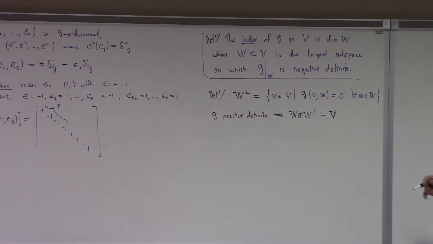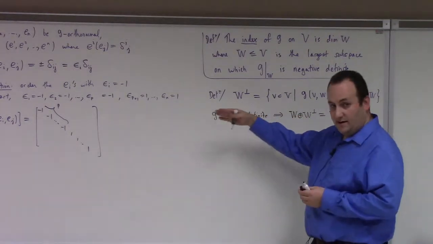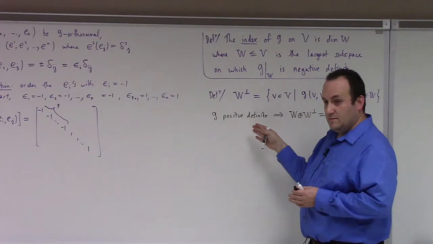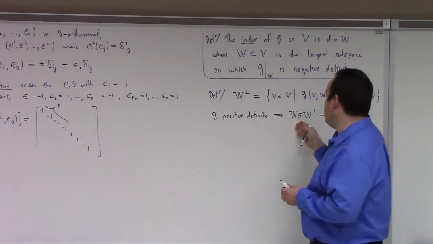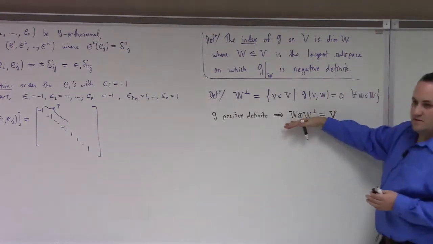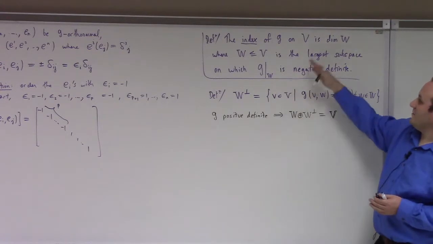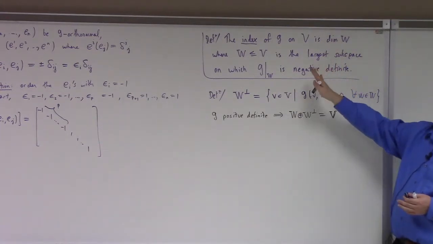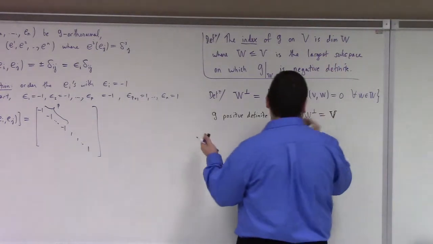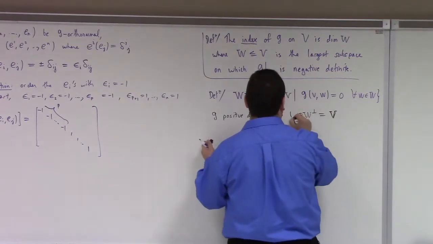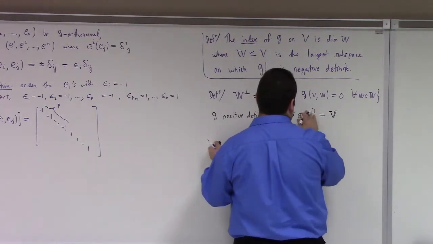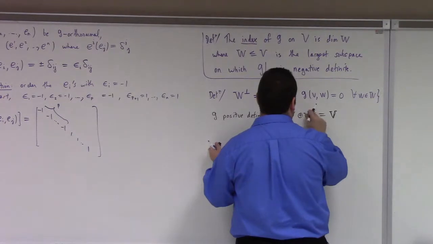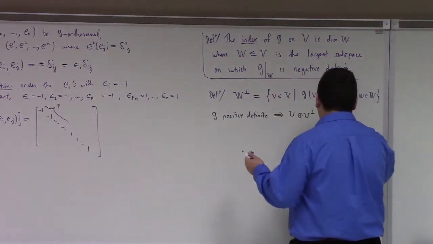What I'm saying is, if G is positive definite on all of V, then, and I'm not saying that this W is the same as the W up here, sorry, operator overloading.